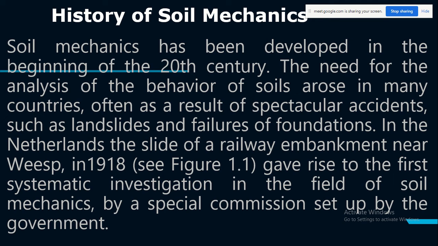So in the 20th century, there were landslides, failures of foundation, and this part is written in the Netherlands. So in the Netherlands, the slide of railway embankment near, I think, some place called Wesp in 1918 gave rise to the first systematic investigation in the field of soil mechanics by a special commission set up by the government.